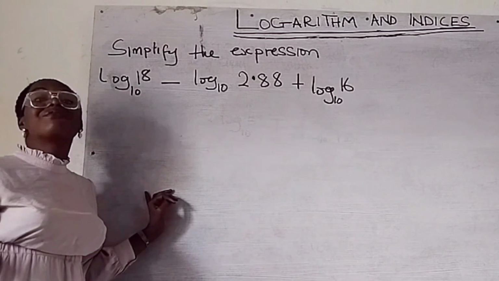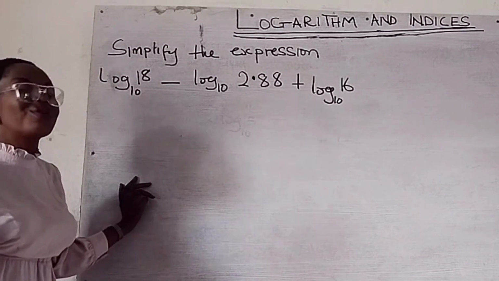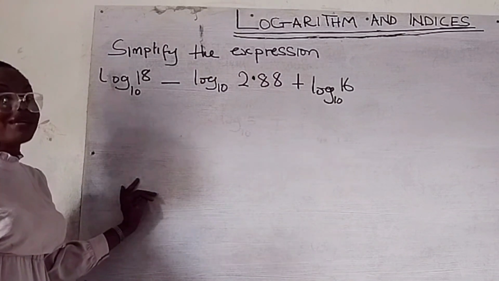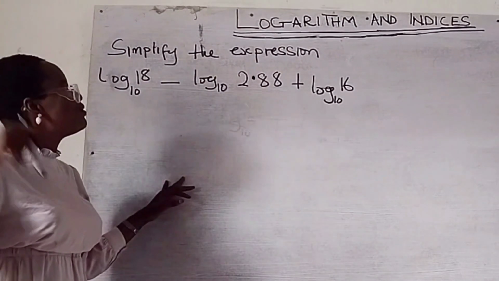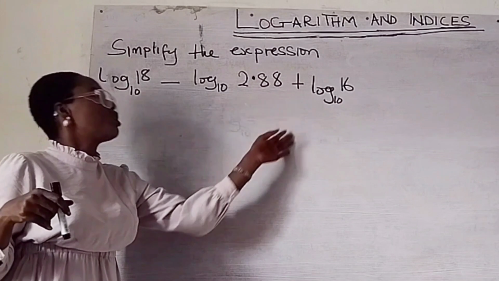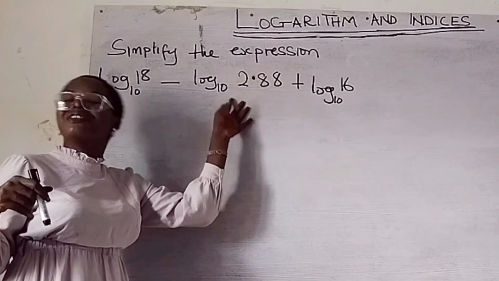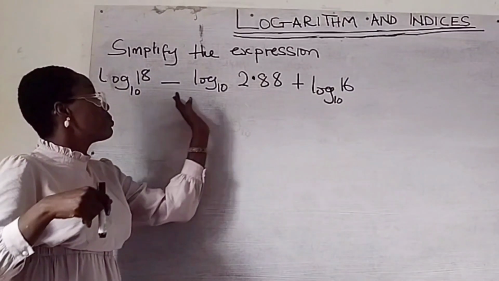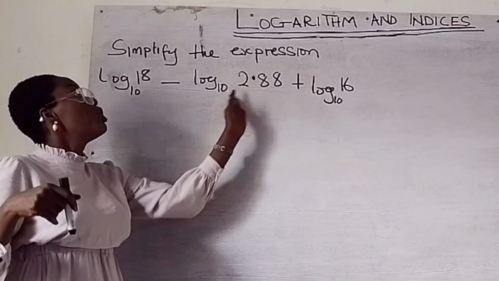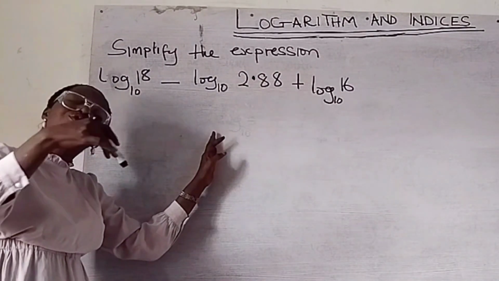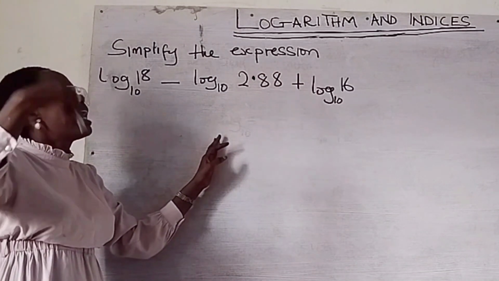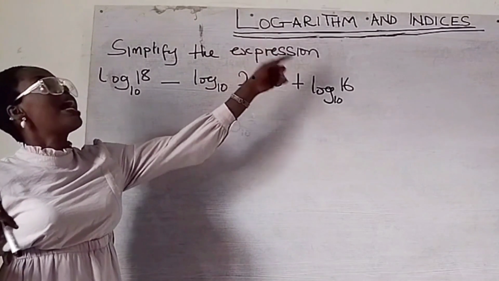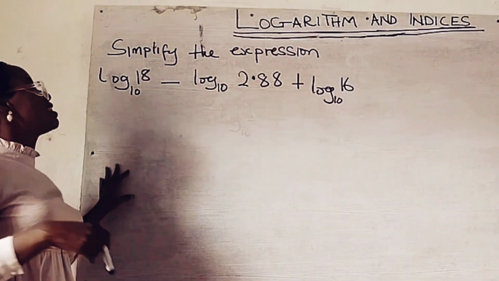I observe that most students are not comfortable when it comes to solving mathematical problems that involve fraction, especially decimal fraction. That's why I want to solve this problem in particular. This is to teach us how to solve problems that have decimal fractions in logarithm and indices.